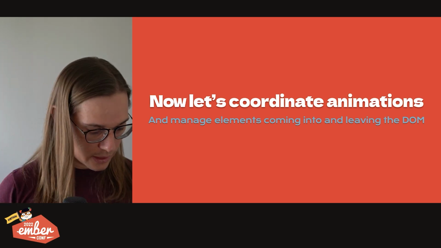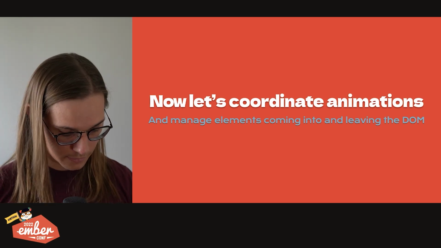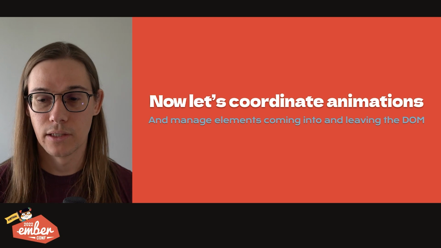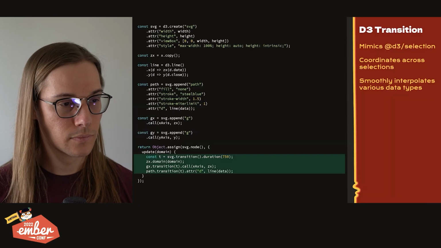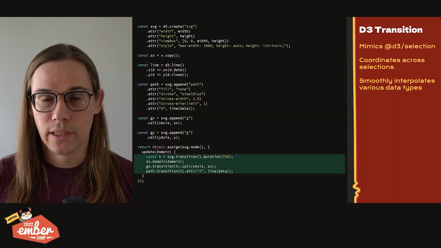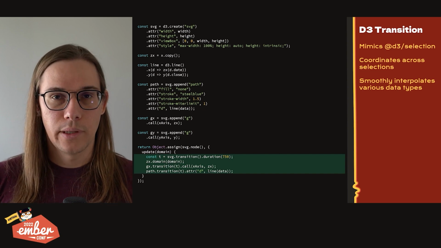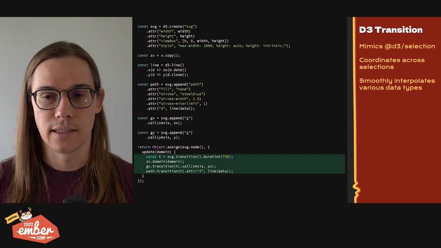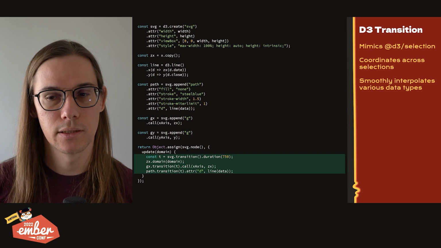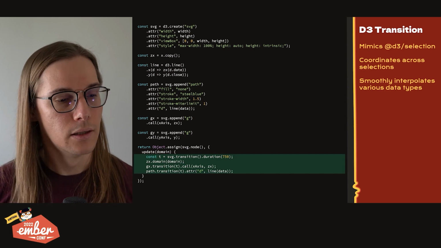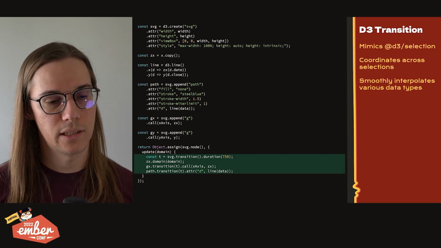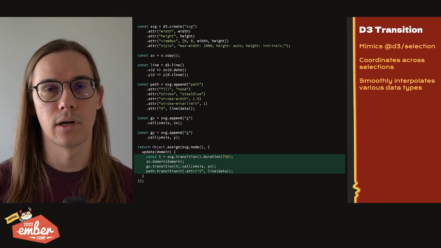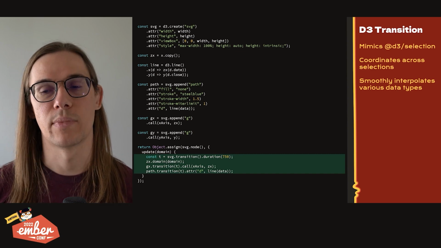Because the issue here is that we now need to coordinate animations, and we need to manage elements coming into and leaving the DOM. So let's look at what we're doing here with D3. How does D3 manage to achieve this in a way that CSS cannot? D3 has a library called transitions, which mimics the D3 selection API. So for any selection, we can call .transition, give it a duration, and then that's going to automatically start animating the data that's bound to it.